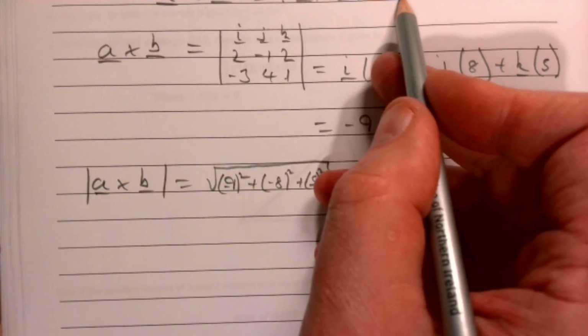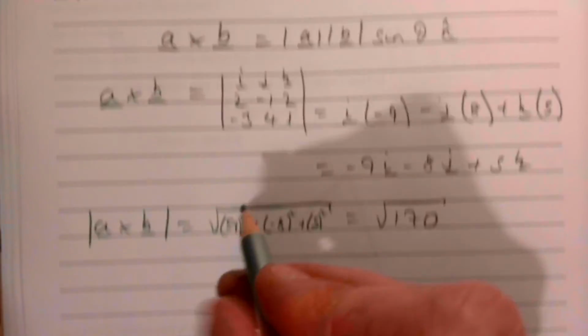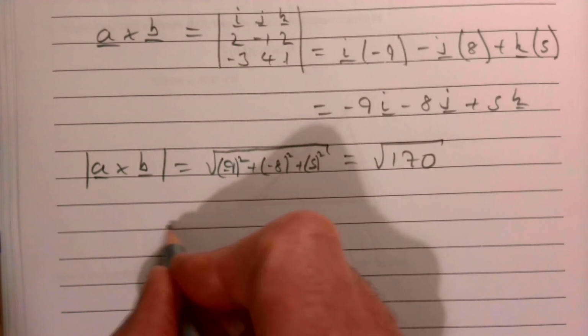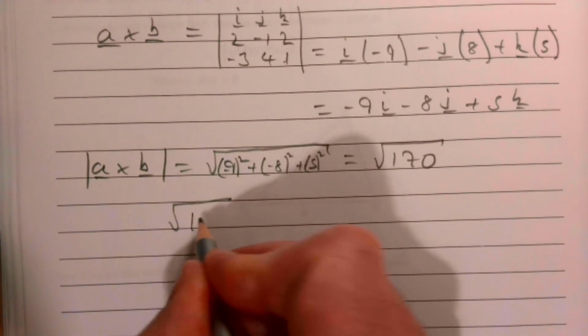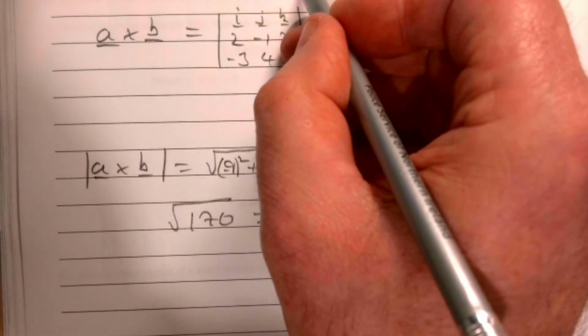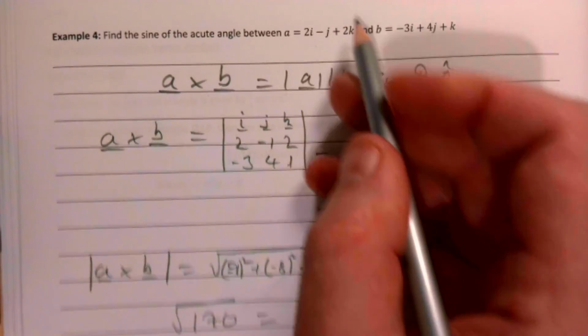So then, we'll substitute into this first of all. So our modulus of A cross B, square root of 170, equals the modulus of A. So where is our A? It's 2, 1 and 2.